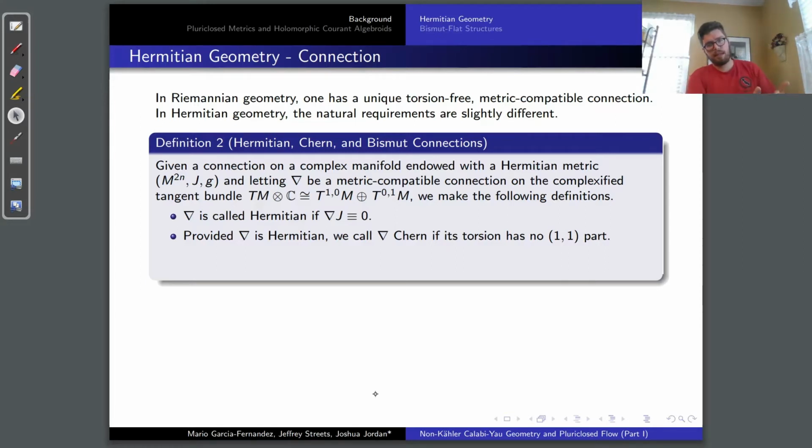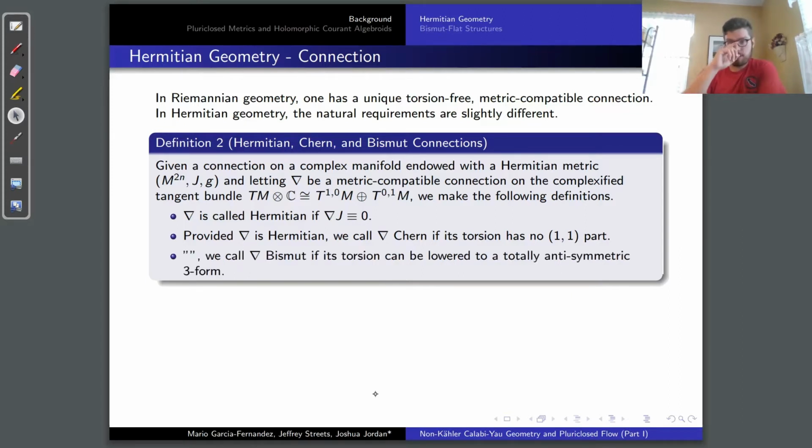But basically, when you let the Chern connection act on a vector field that's a -i eigenvector of J, the Chern connection acts like the ∂-bar operator. Torsion-free isn't the most natural thing to ask for, but agreeing with the ∂-bar operator is. That's agreeing with the holomorphic structure. A lot of books will call it that.